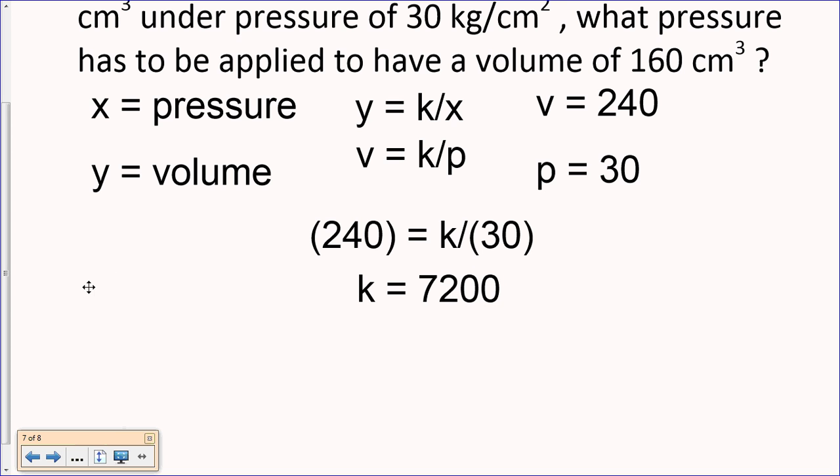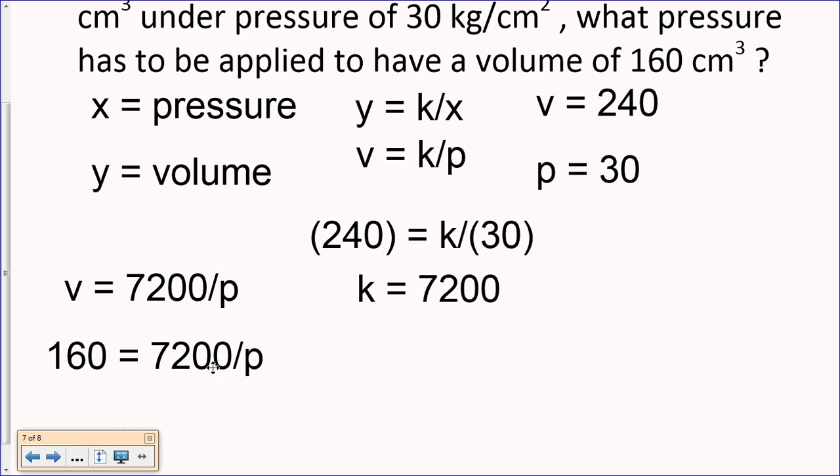Okay. So now my equation for this situation is V equals 7,200 divided by the pressure. So they're asking me what is the pressure, P, that has to be applied in order to get the volume of 160. So I know V is 160, plug it in. Now I got to get P by itself.